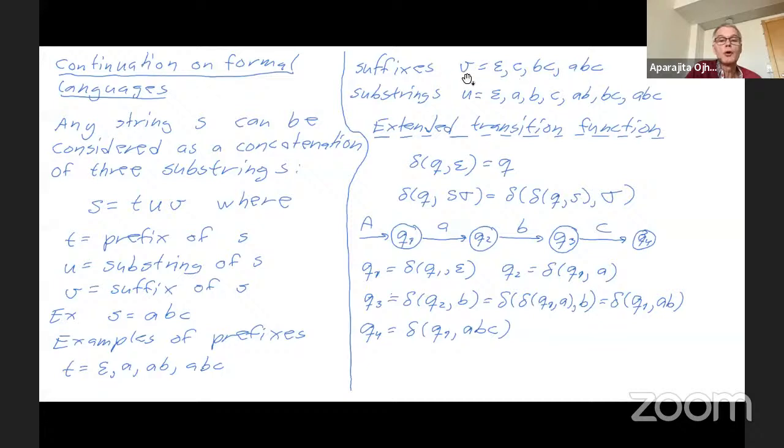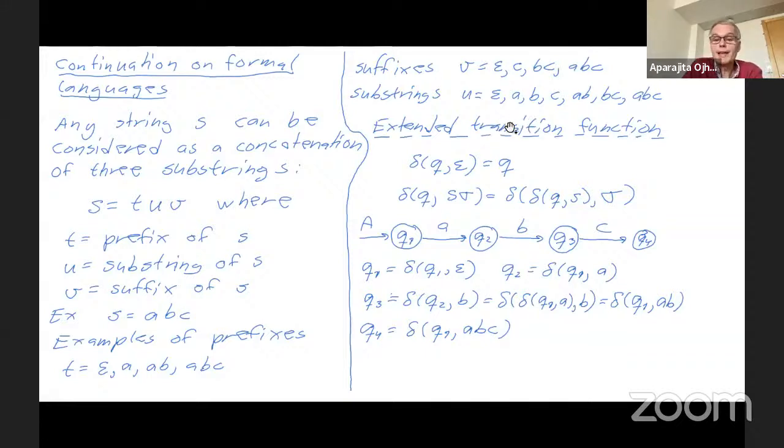A suffix always includes the last element in the string, and a prefix always includes the first element in the string, plus epsilon in both cases. And the substrings are simply all substrings of this string ABC.